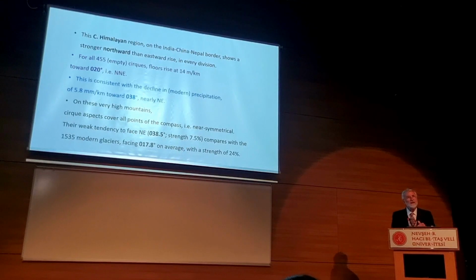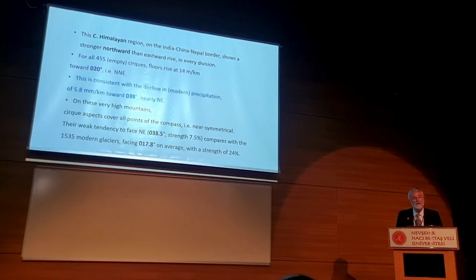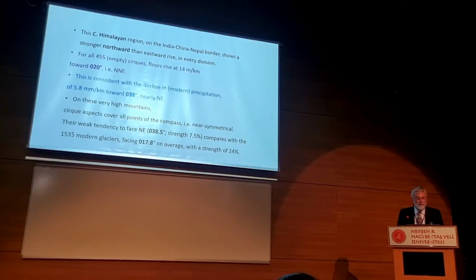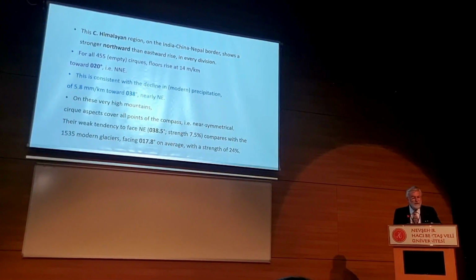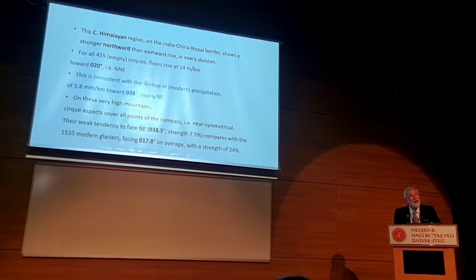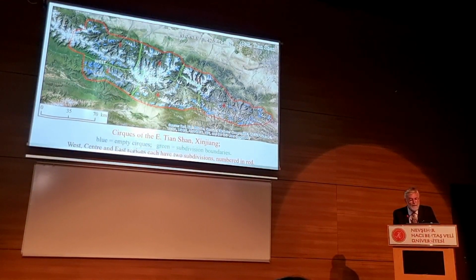This we can relate to modern precipitation, which declines to the northeast, so a slightly different direction, about 18 degrees different. I won't go into the aspect of these cirques because the mountains are very high and we have cirques facing north, south, east and west. But the situation is different in some other areas.